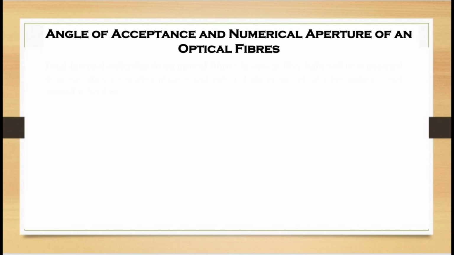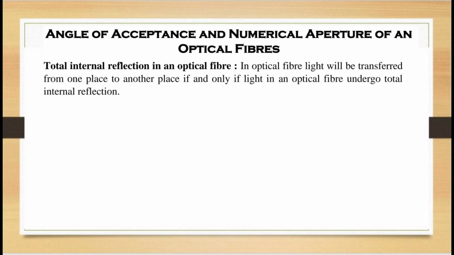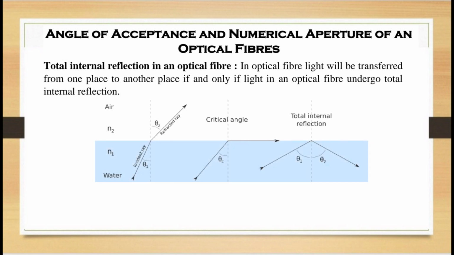Now next one is total internal reflection in an optical fiber. In optical fiber, light will be transferred from one place to another place if and only if light in an optical fiber undergoes total internal reflection. So for that, let us consider the figure which is displayed on the screen.